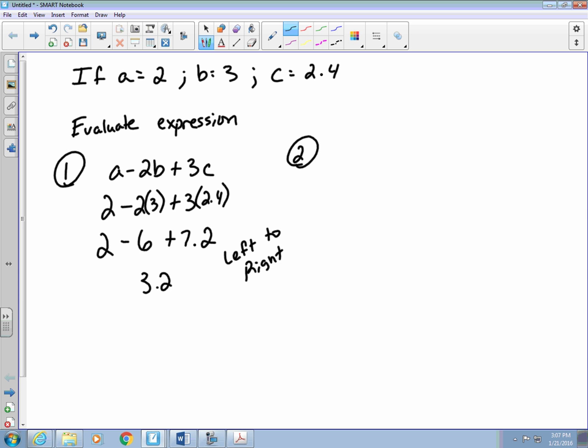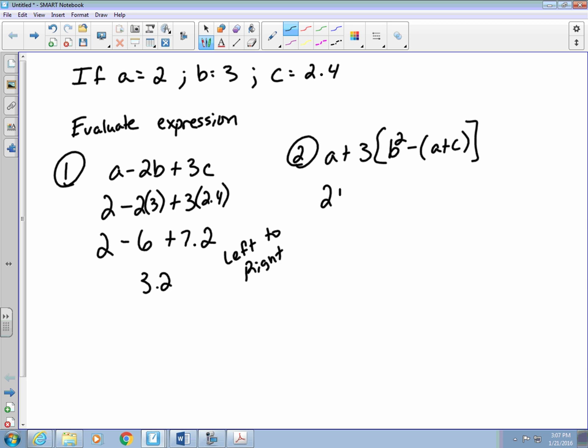Number 2, okay, a little bit more complex. So you want to make sure, again, to stick to the order of operations. The first part of order of operations is that anything in parentheses must be done.